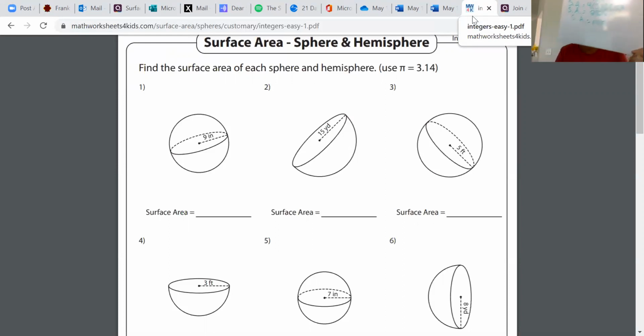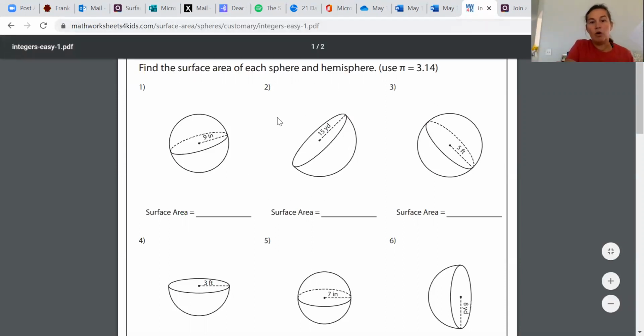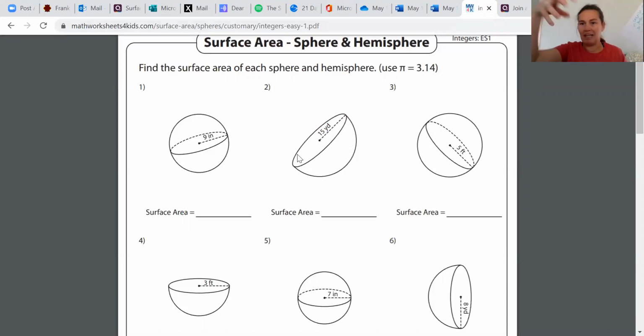Well, here's the deal. When we cut number 2 in half, we now need to add this flat surface that would be like the face. Like if you took that hemisphere and turned it upside down, that flat surface is stuff you can touch too. And just cutting the sphere in half, we don't have that flat surface. So the one thing we do need to add to this is simply the area of that flat space, the area of that circle.